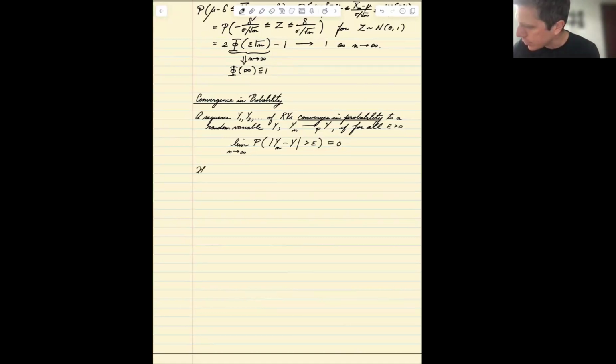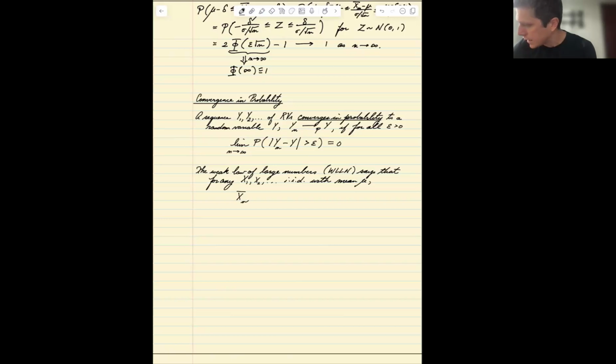So the weak law of large numbers says that for any sequence of IID random variables with mean mu, the sample mean converges in probability to mu, the constant, as n goes to infinity.